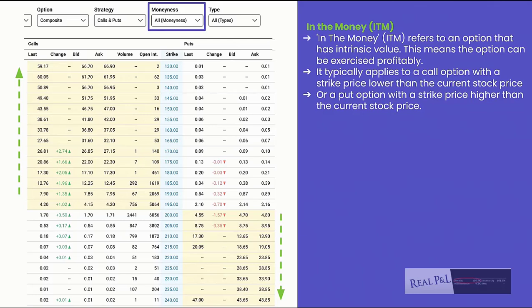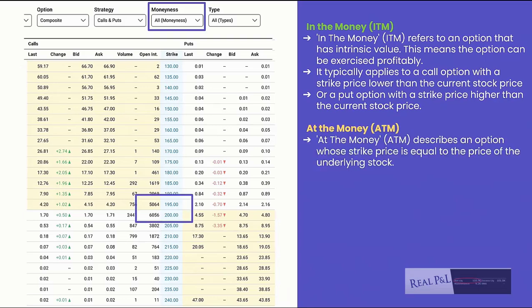It typically applies to a call option with a strike price lower than the current stock price, or a put option with a strike price higher than the current stock price. At the money describes an option whose strike price is equal to the price of the underlying stock. It doesn't have to be exactly equal, but it's really close.